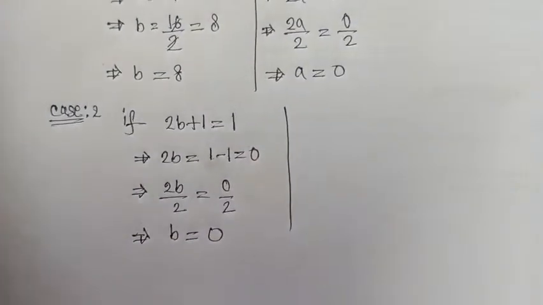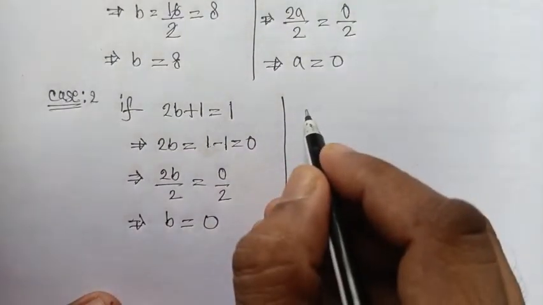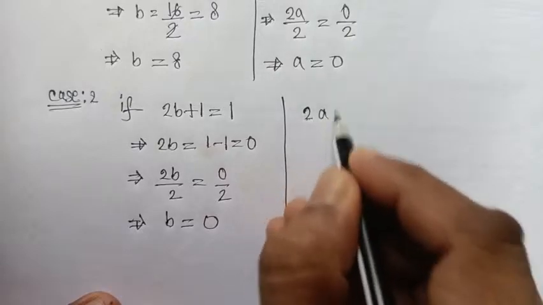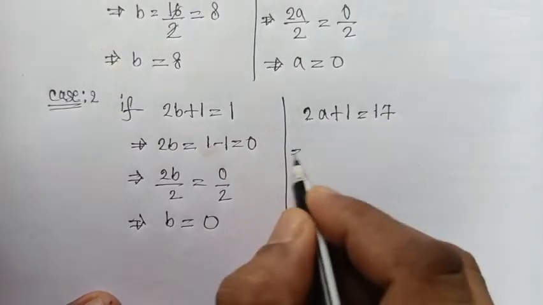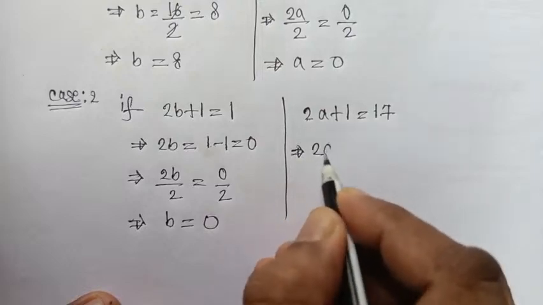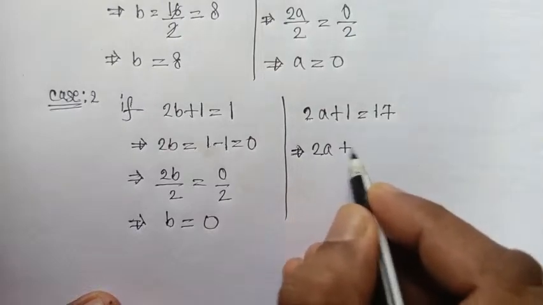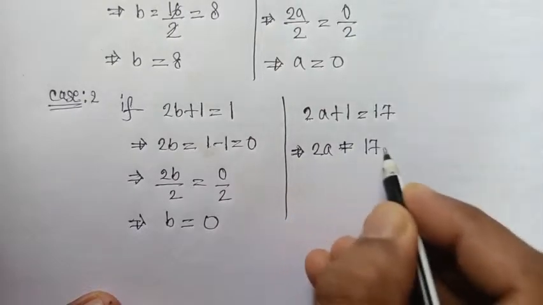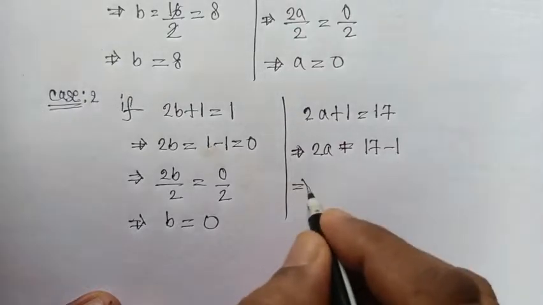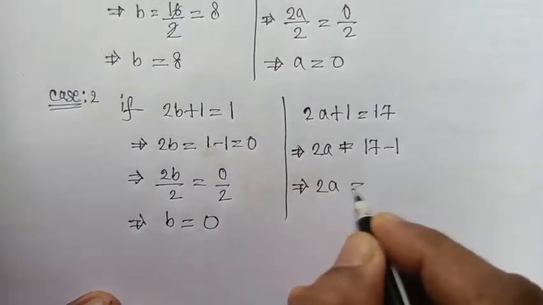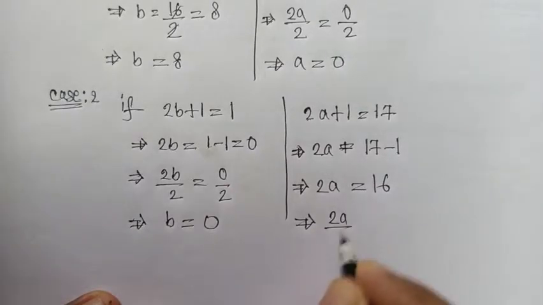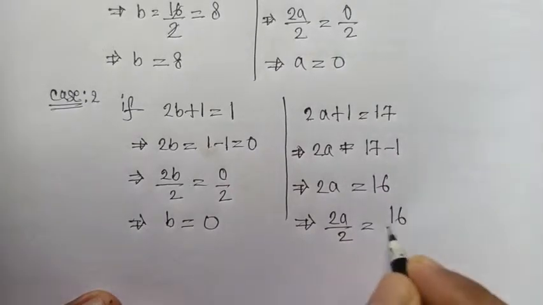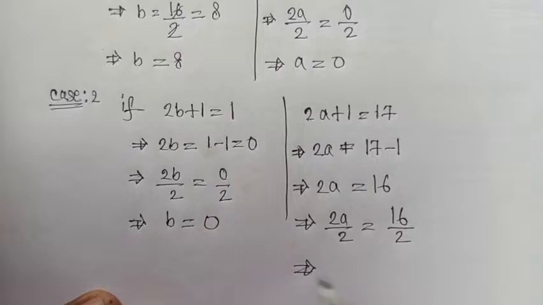Again, 2a plus 1 equals 17, so 2a is equal to 17 minus 1, 2a is equal to 16, and if we divide both sides by 2, we get a is equal to 8.